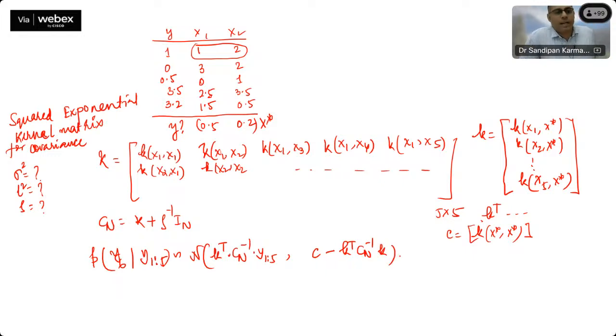So in this way you can calculate. It is a little bit laborious to calculate the covariance matrix and all these things, but it is actually very easy to find out. Is it okay?